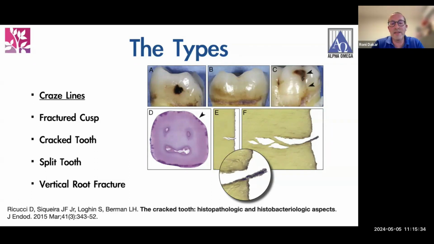In such a case, if we indeed suspect that the tooth was cracked, the only way for us to make sure that it is not a crack but a craze line is to drill through it and see whether the crack extends into the dentin. If we are not convinced that the tooth has pulpitis or necrosis, and we drill through it and we don't see a crack extending into the dentin, then this is the time to stop and rethink.